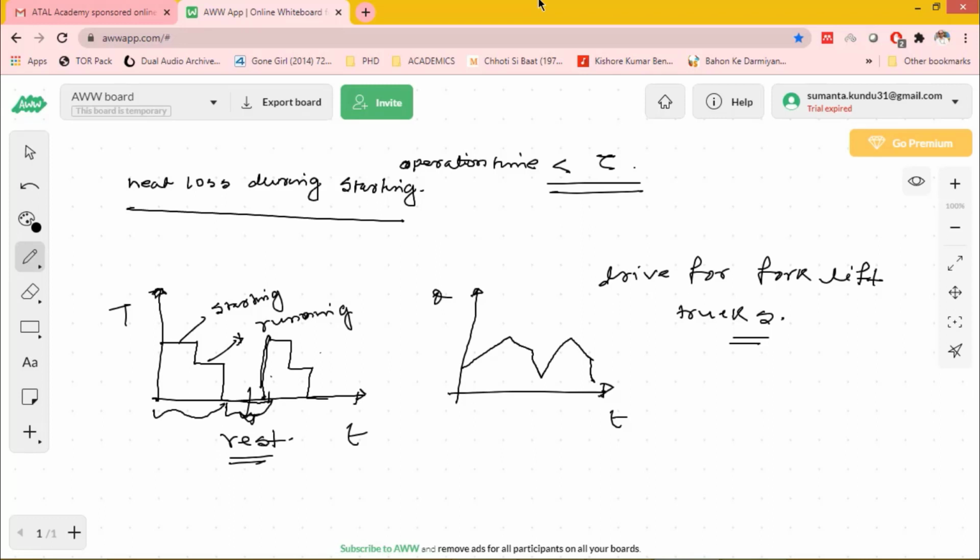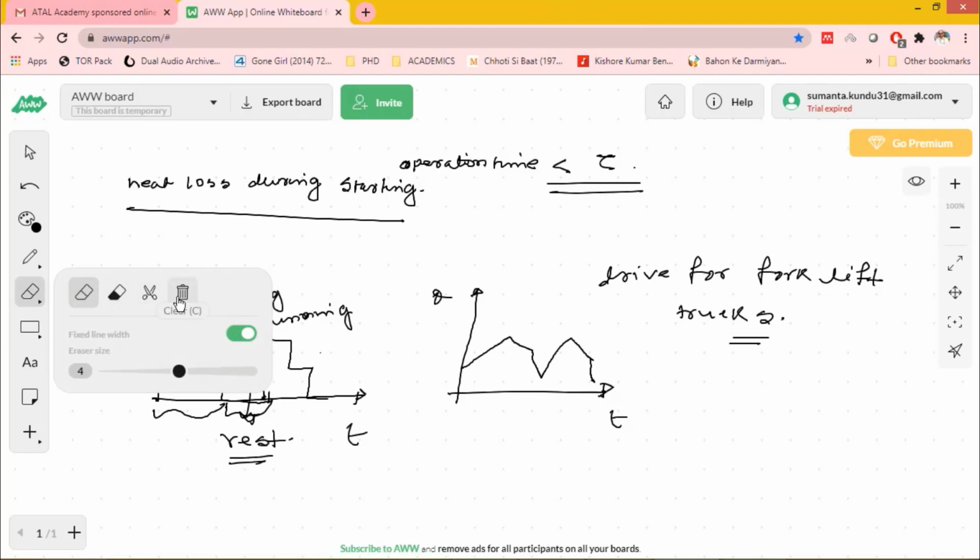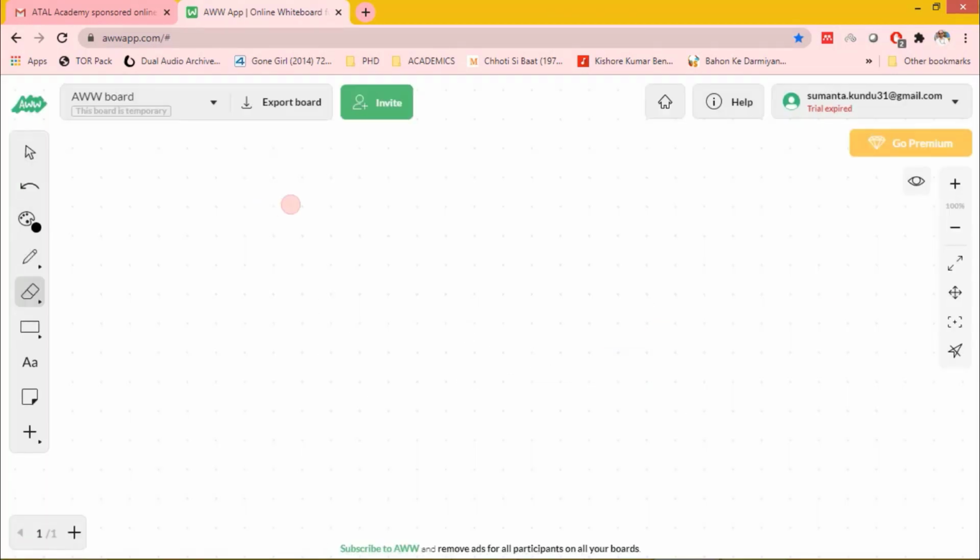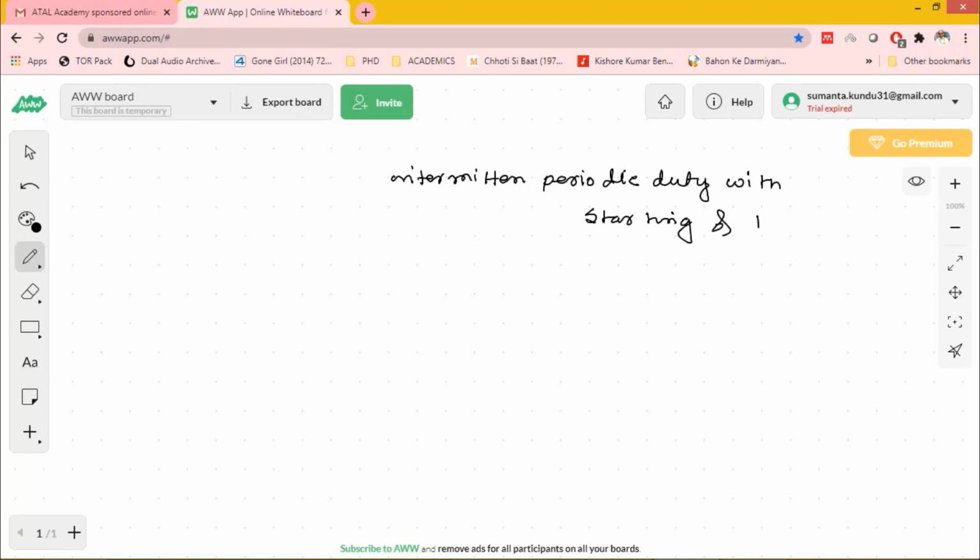Now intermittent periodic duty with starting and braking. This is with starting; now I will consider both starting and braking, which we have not considered.